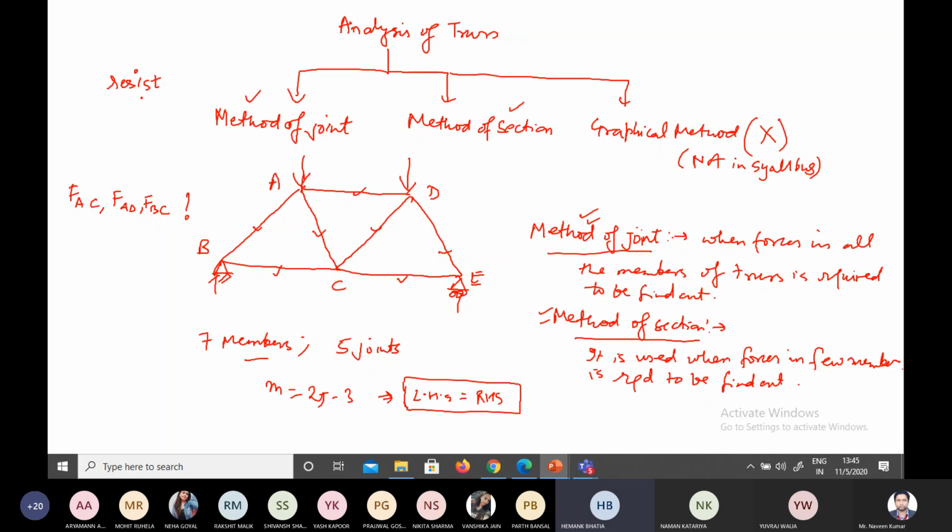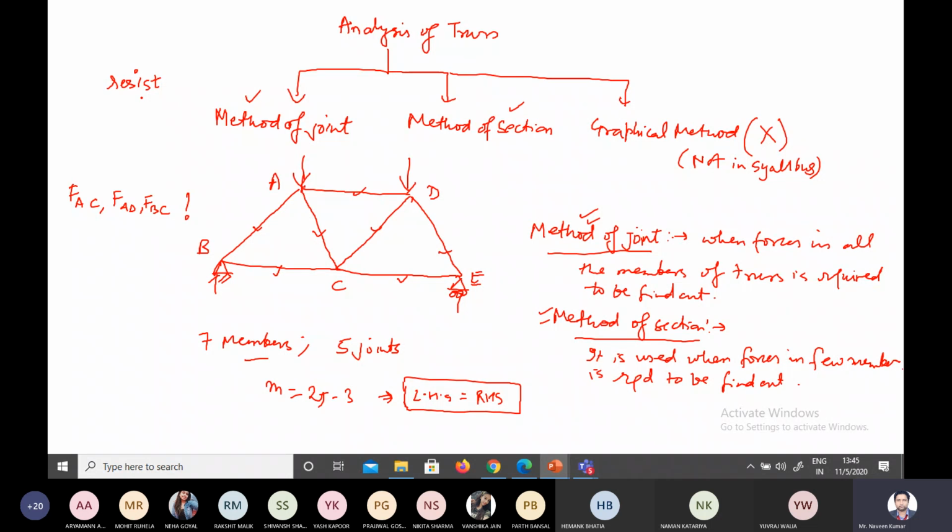Fine. So I am repeating the definition of truss once again. Please make the notes properly. Theory part is very, very vital for you. It is a structure made up of several straight members which are bolted, welded together to form a network of triangles. Full stop.